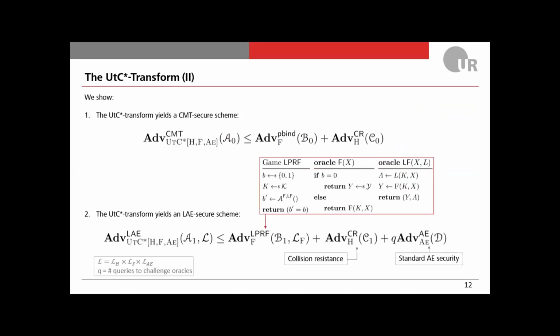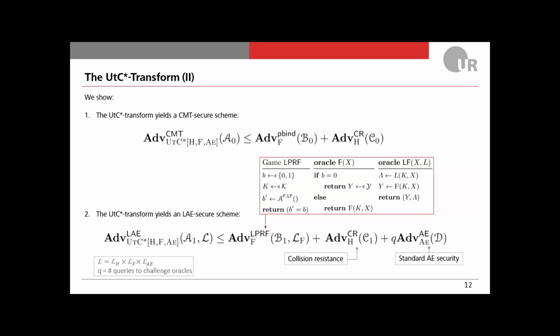And secondly, we show that a UTC star transformed AE scheme is LAE secure if the hash function is again collision resistant, and if our AE scheme is secure. So note that we do not need leakage LAE security here, just standard AE security. And thirdly, we want F to be pseudo-random even if it leaks.